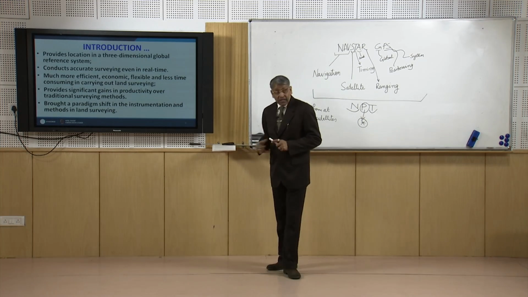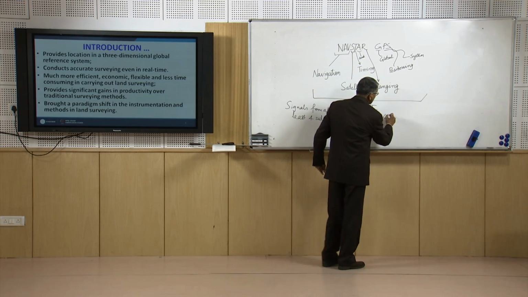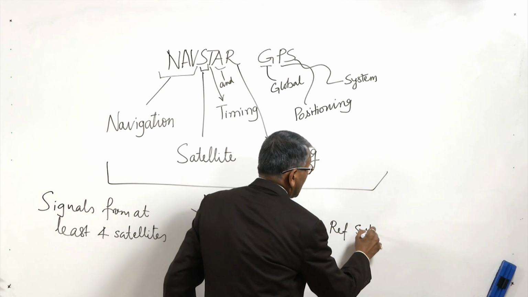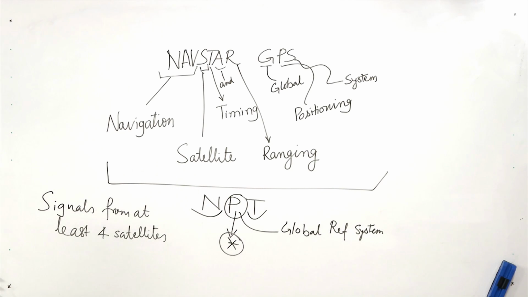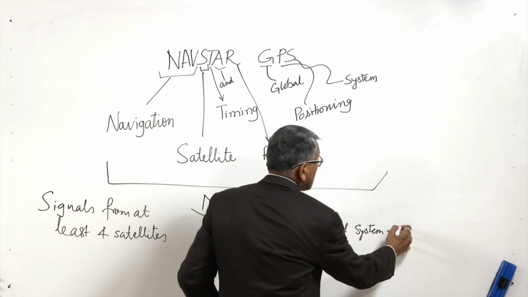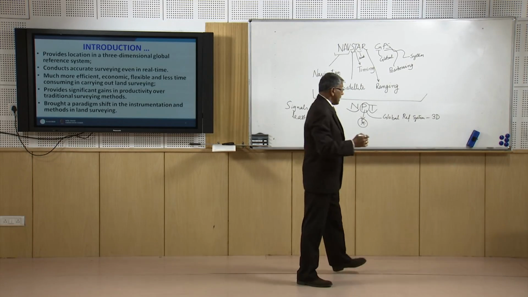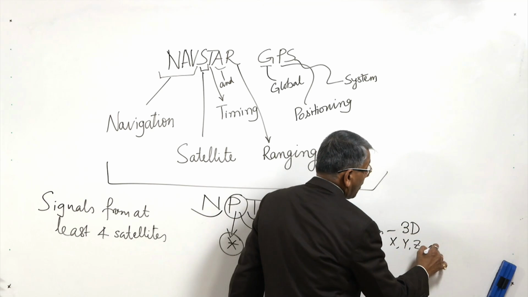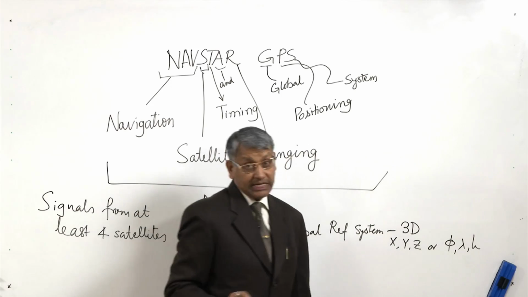Not only that, this system provides us the position in a global reference system. That is also a very important point. Whatever position we get for any point is with respect to some global reference system, and it is a 3D position. That means we will get it either in the Cartesian system x, y, z, or in the geodetic system latitude, longitude and geodetic height.